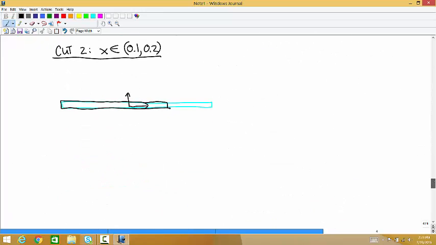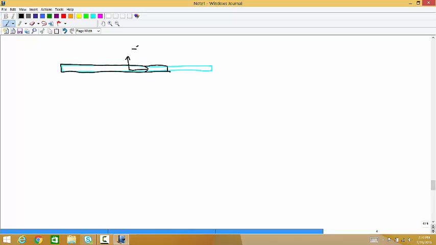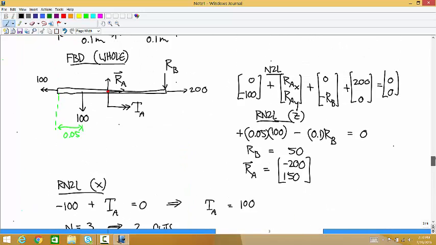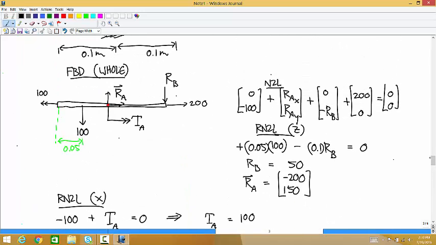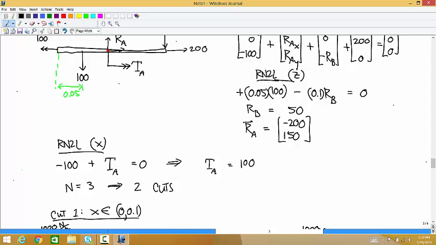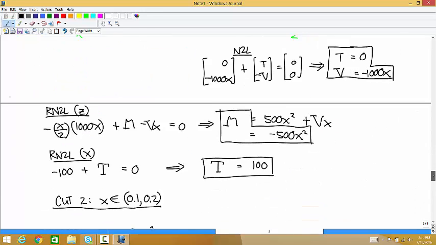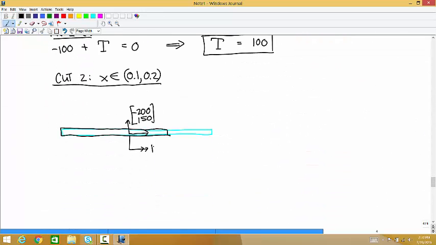So negative 200, 150. And then there's also the torque. What was the torque value at the pin? Negative 100 or something? 100. Okay, 100.